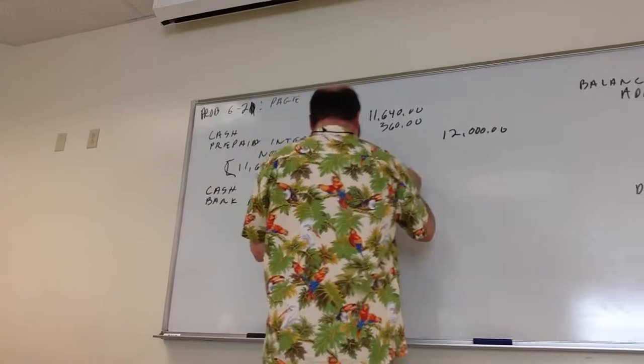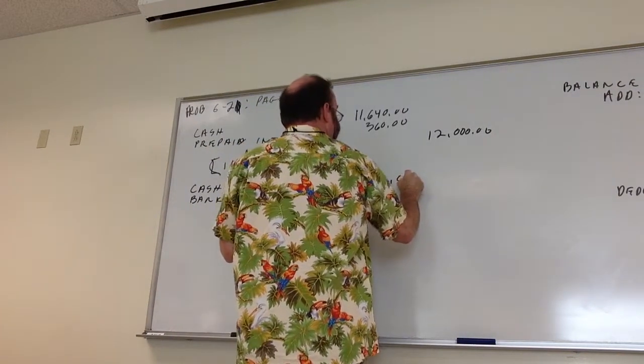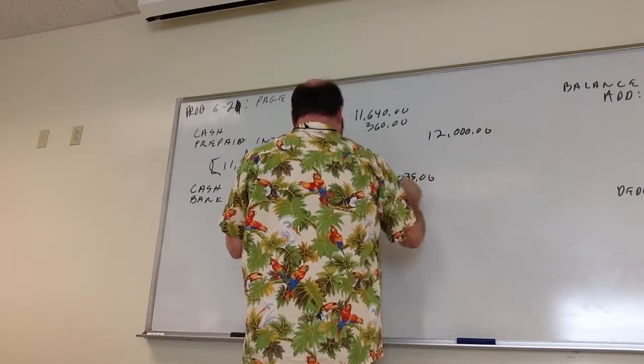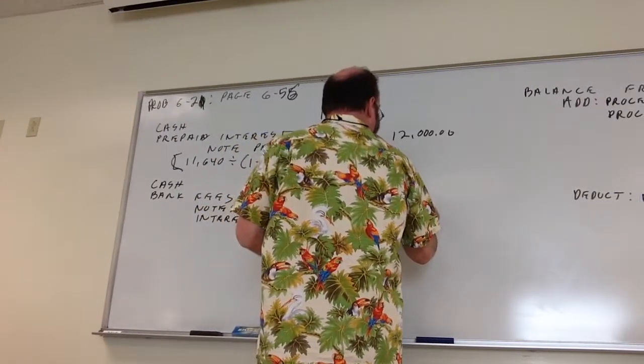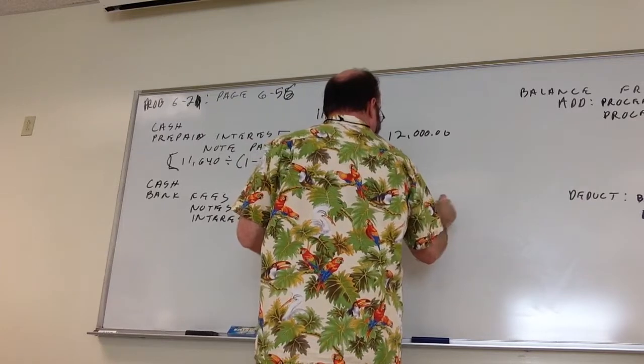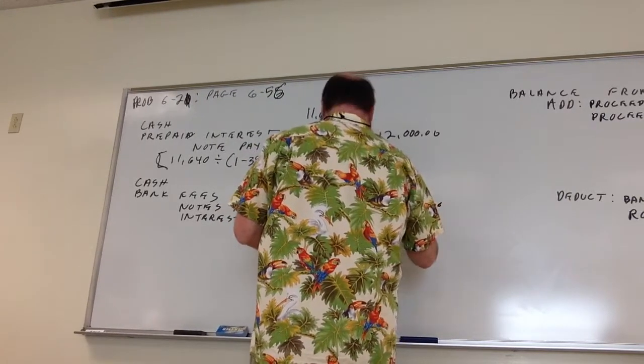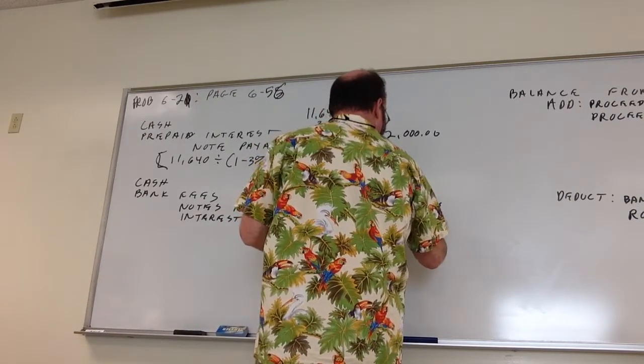So the cash was $2,035. They charged you $5 to collect it. The note was for $2,000, and the interest was $40.